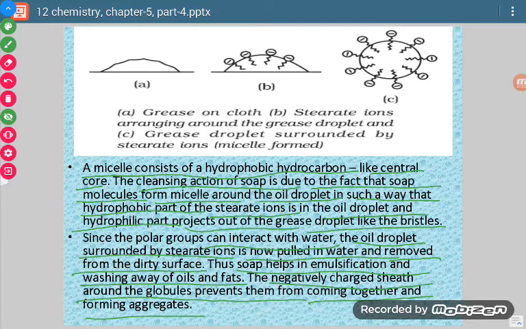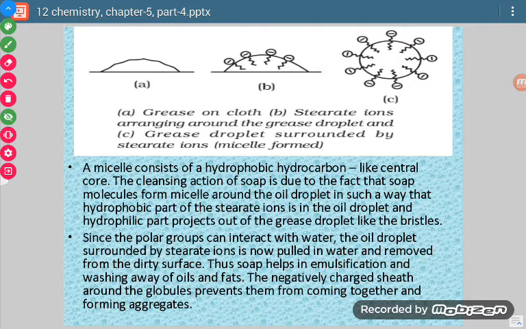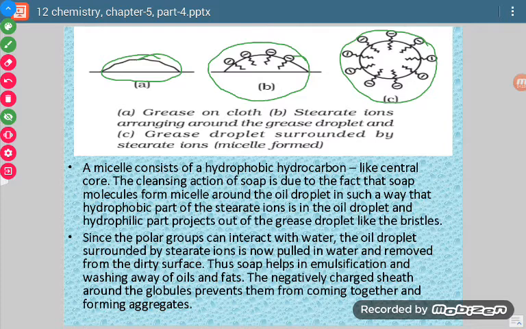So this is in the same way, in a simple way I told you how to explain it. How can we explain it? We will just say that the molecules of soap get attached with the oil droplet. That oil droplet is also non-polar in nature. So the non-polar end gets attached with the oil droplet and they form micelle. When micelle is formed, then similar charged ends are on the outside.